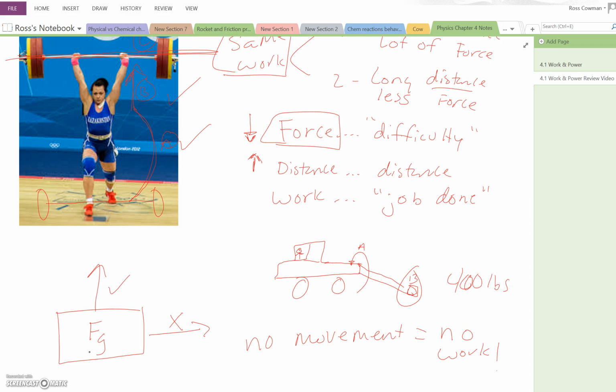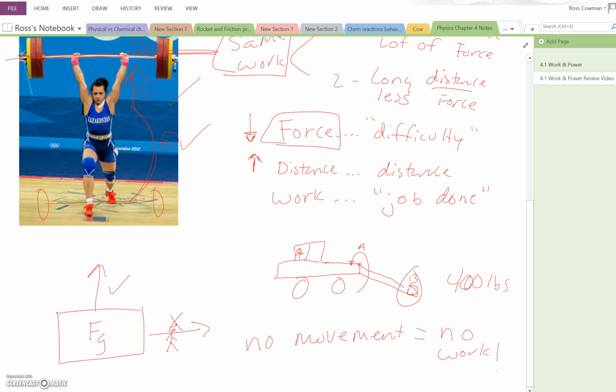But when we were walking across the floor with it, we are not putting force on the box in the same direction as it's moving. We are putting a force on the box upwards to keep it from falling down, and then we are walking forwards.